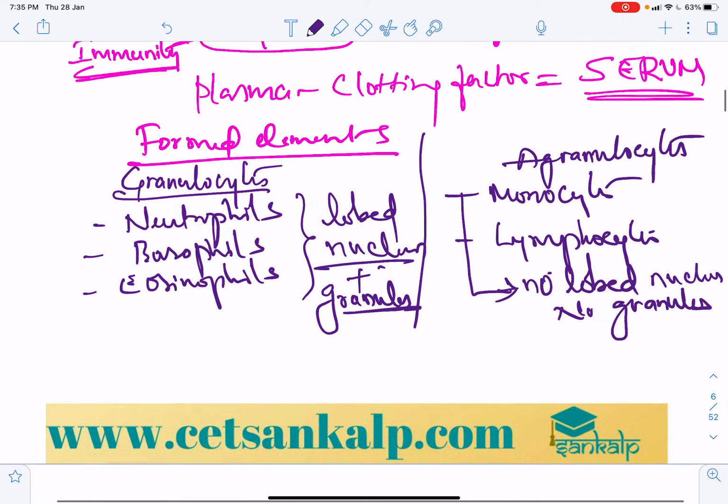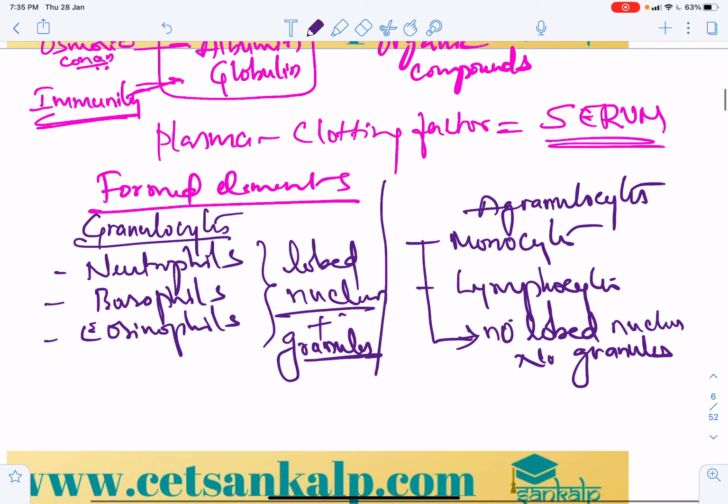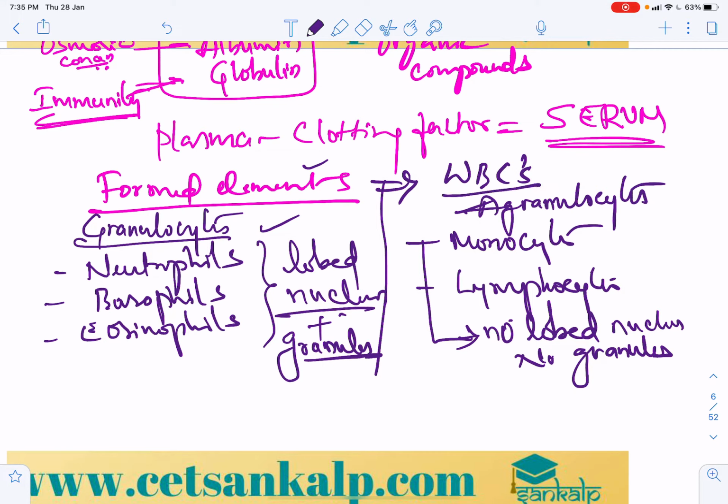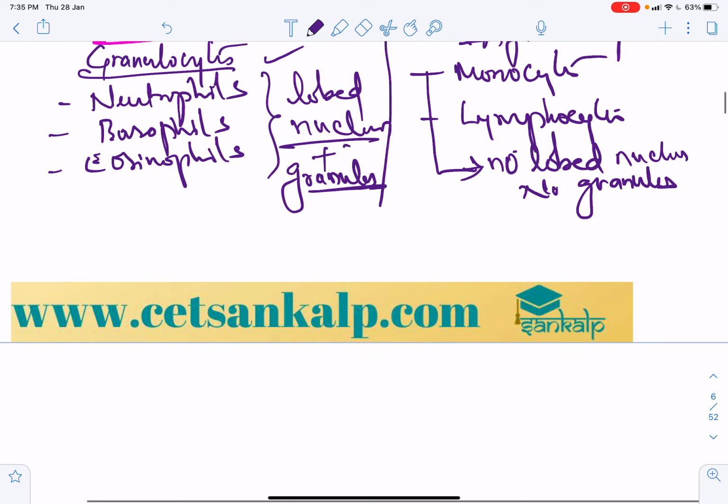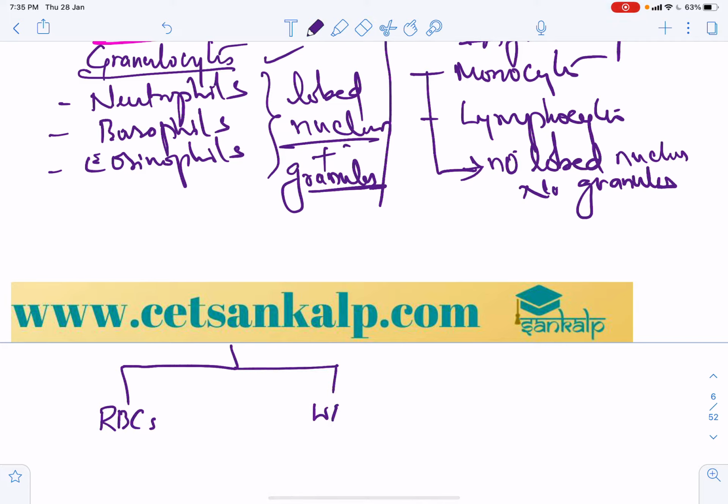Before going to know about these formed elements, granulocytes and agranulocytes generally come under WBC, as I mentioned. In case of formed elements, we have three types: erythrocytes, leukocytes and platelets. The red blood cells, RBCs, are also called red blood corpuscles, and WBCs, white blood cells, are also called leukocytes.